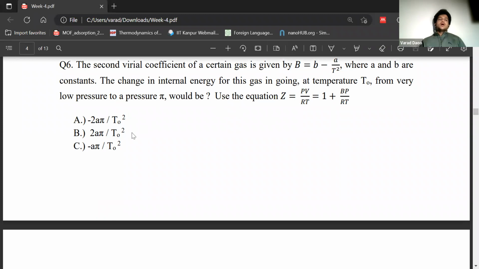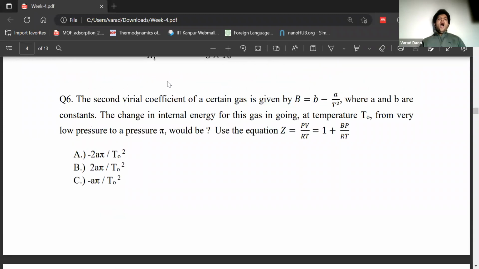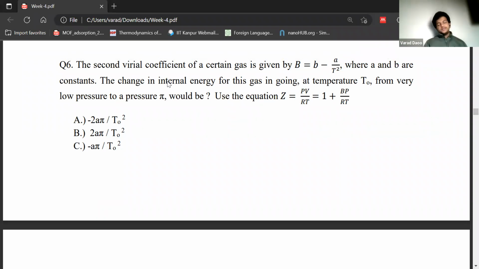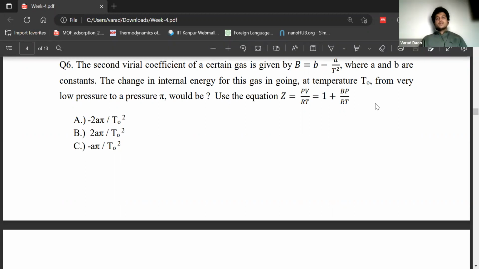Okay, so these are the options. Options I have given as well. So anybody got it?